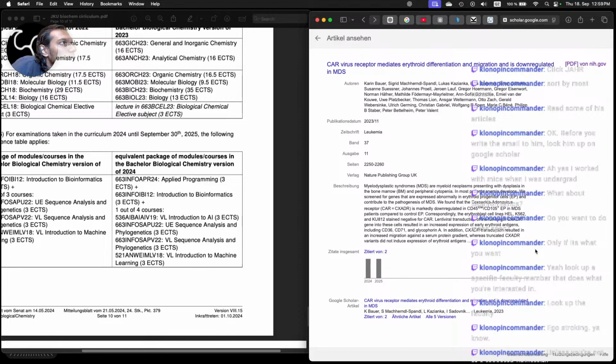We screen for genes that are expressed abnormally in early hematopoietic progenitor cells and contribute to the pathogenesis of MDS. We found that Coxsackie adenovirus receptor is markedly downregulated in CD45 low.